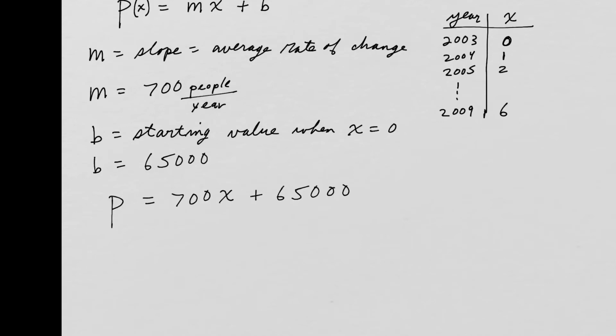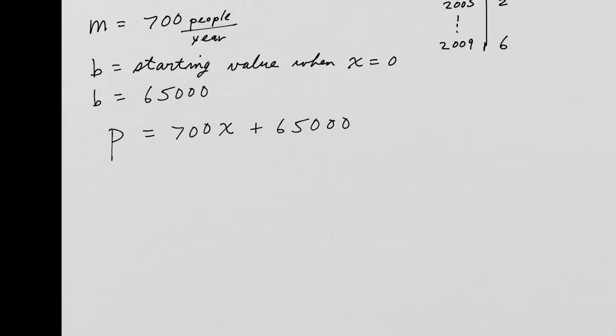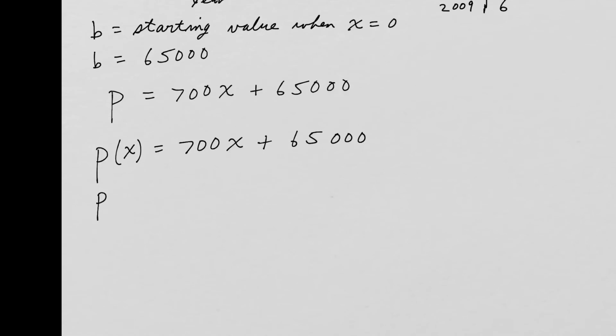Okay? And now if I want to figure out what is the population in 2009, I want to know the population when X is equal to 6, right? So if I think of this as a function, P of X is equal to 700X plus 65,000, I can just evaluate that population when X is equal to 6.